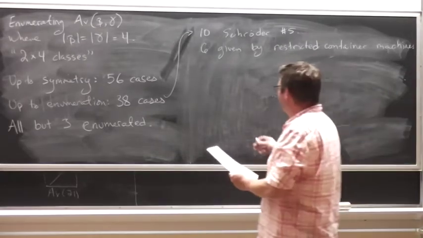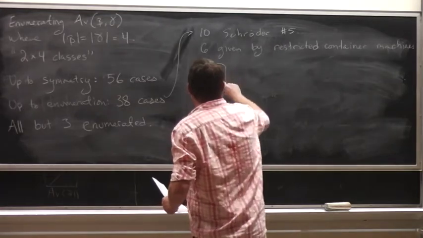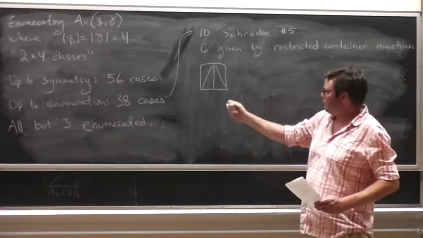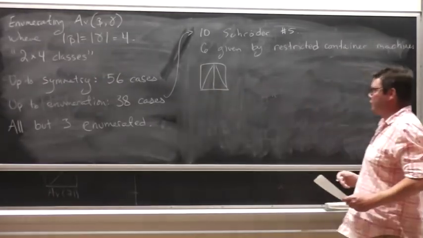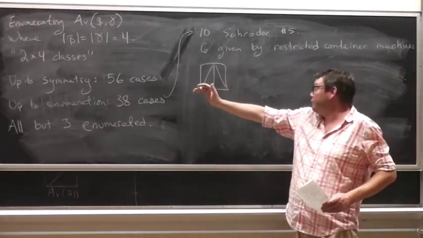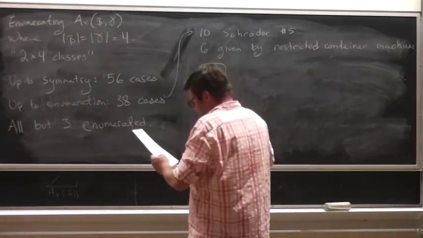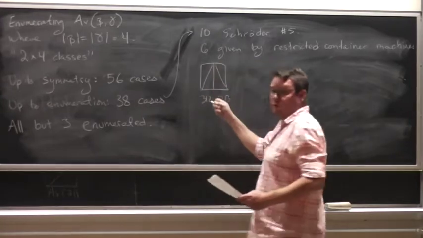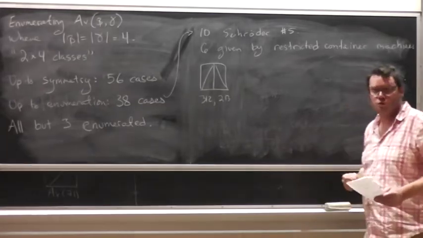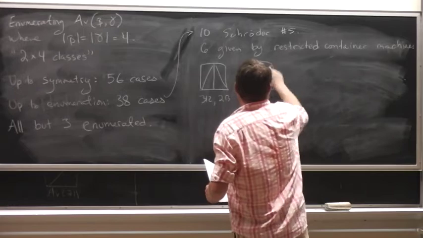Let me show you what the containers look like. For a stack, I do a single decreasing line. Here we've got this capital alpha, which just means we have an increasing sequence followed by a decreasing sequence. These are the 3, 1, 2, 2, 1, 3 avoiders. So this is the class that avoids 4, 3, 1, 2, and 4, 2, 1, 3.